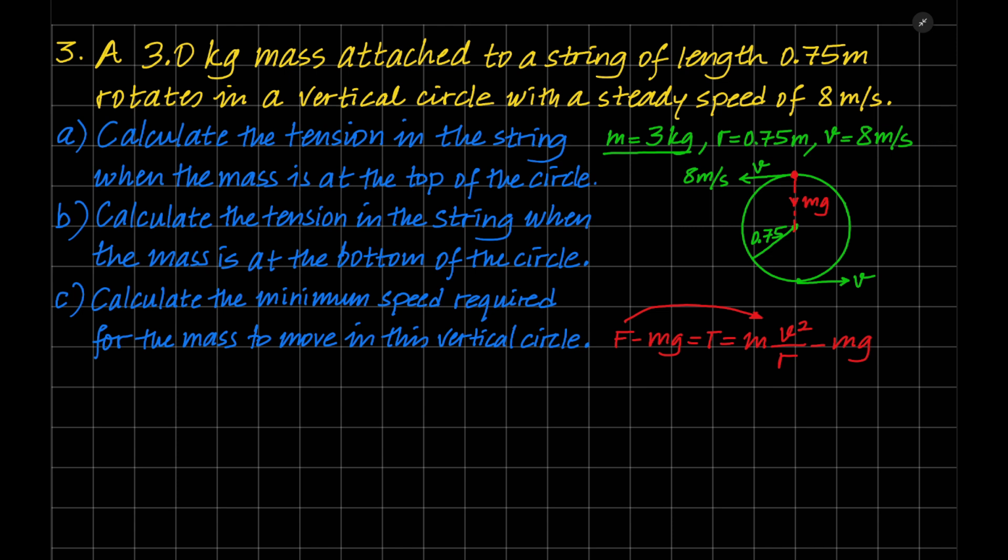It says calculate the tension. Then tension is equal to mass is 3, velocity is 8 squared, radius is 0.75, minus 3 times 10.